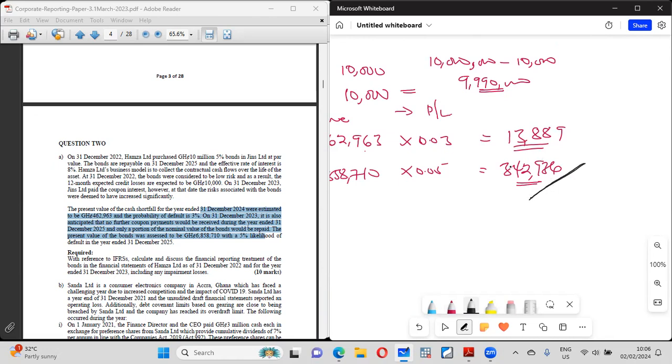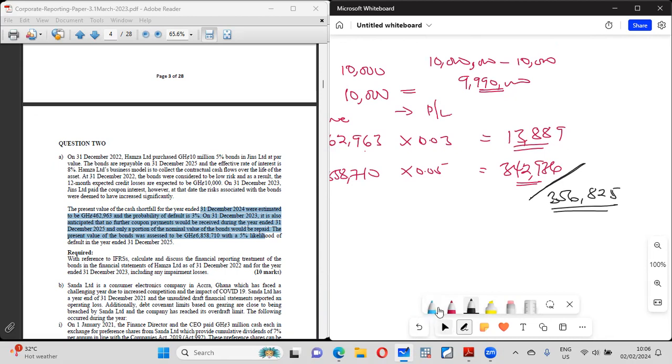So the total, oh, goodness me, 13,889 plus 342,936. So the total gives me 356,825.